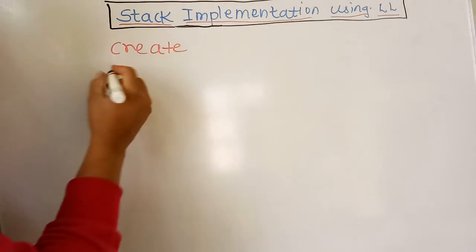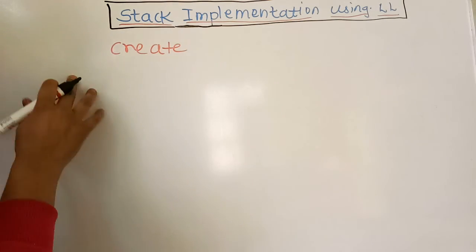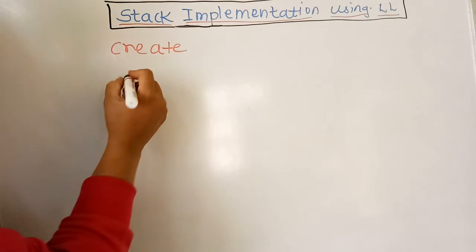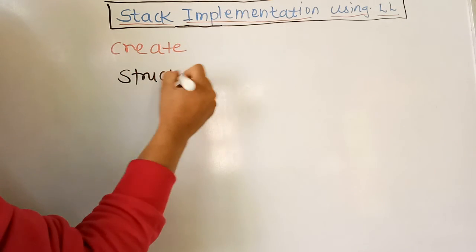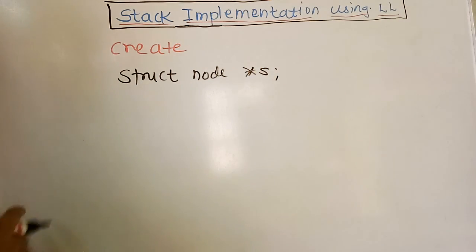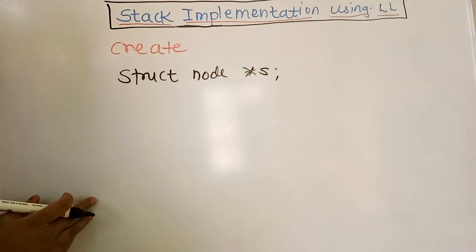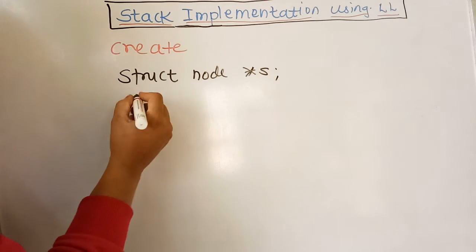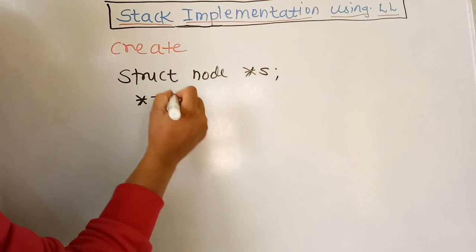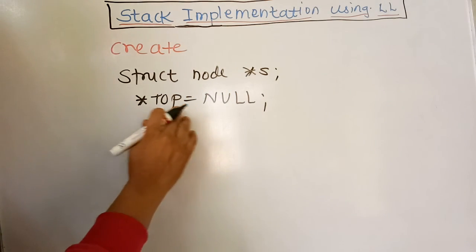How to create a stack? You have created the node of the stack, that is the struct node. Then you simply create the variable of it, means struct node *s. This is the node structure of the stack, and this is the variable representing the dynamic stack. Now we have to create a variable top, first of all at the null position, means top is empty.